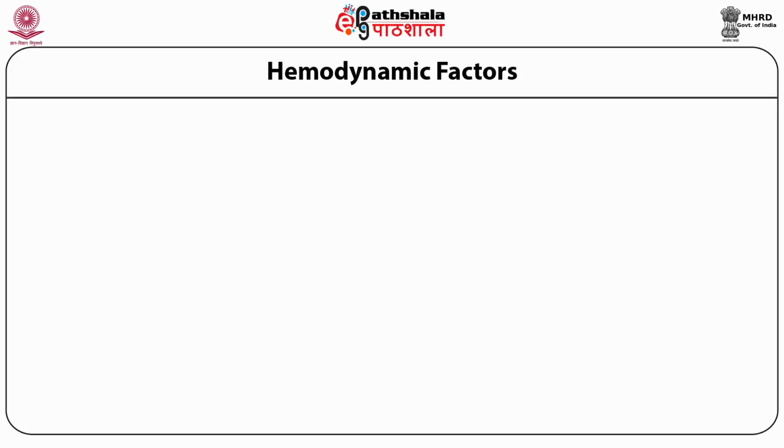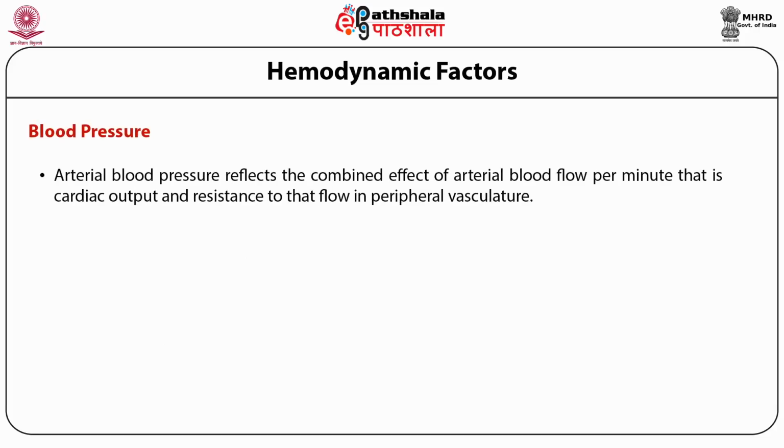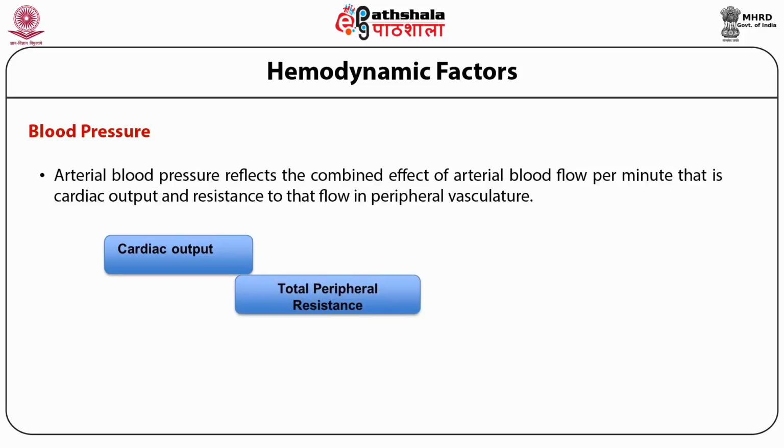Let's elaborate some more on blood pressure. The arterial blood pressure reflects the combined effect of arterial blood flow per minute, that is the cardiac output, and resistance to that flow in the peripheral vasculature. This can be mathematically expressed as cardiac output multiplied by the total peripheral resistance.